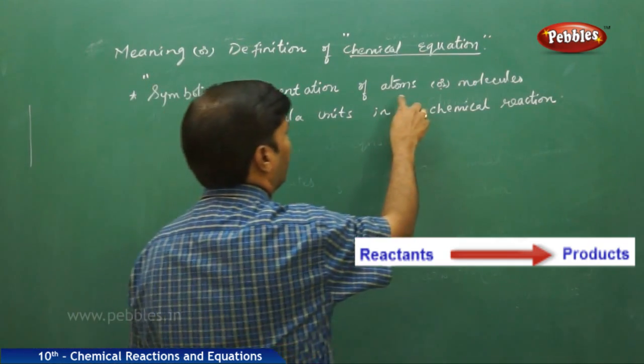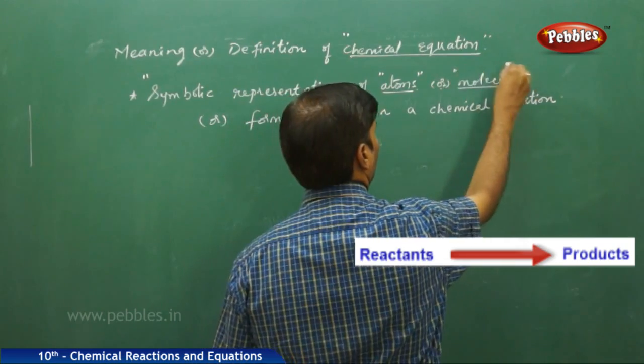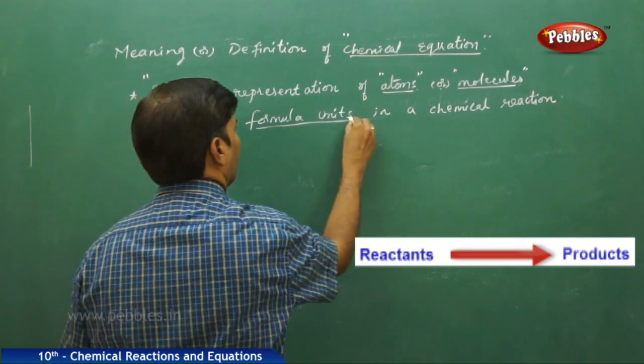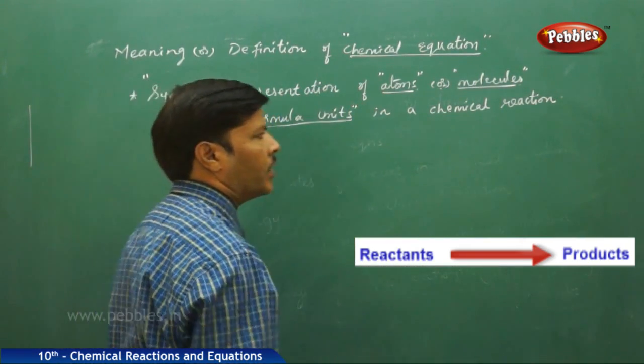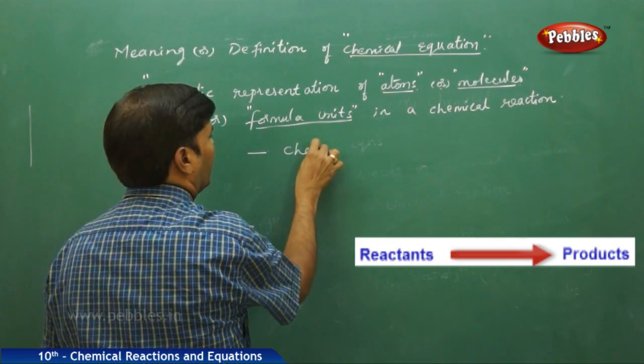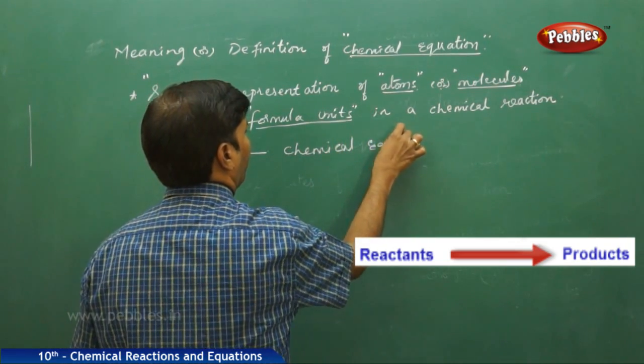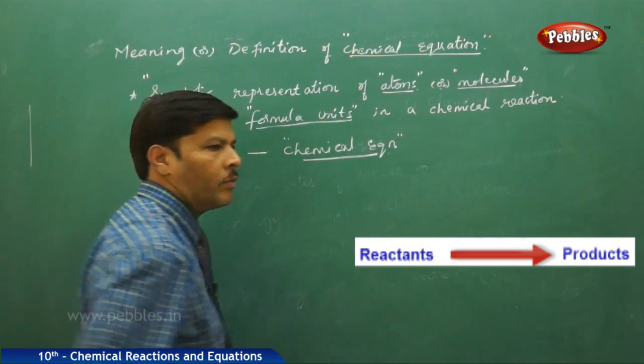The symbolic representation of atoms or molecules or formula units in a chemical reaction is simply called the chemical equation.